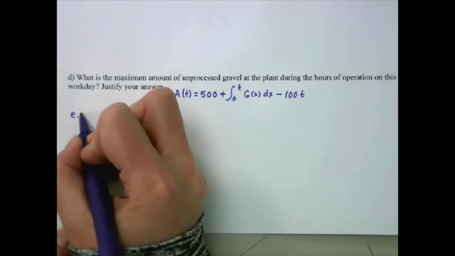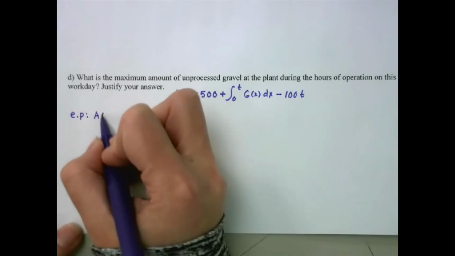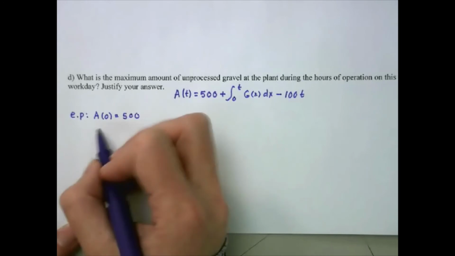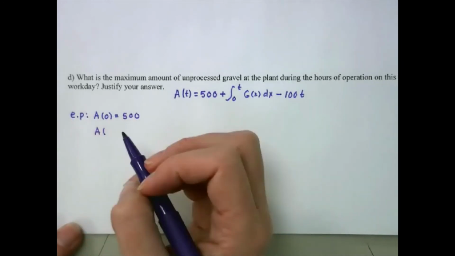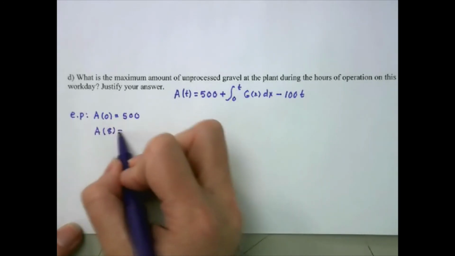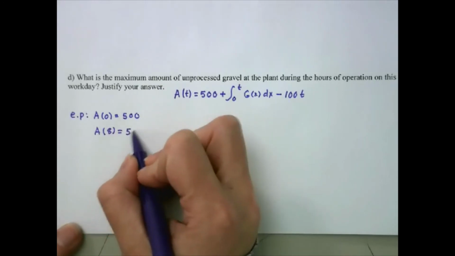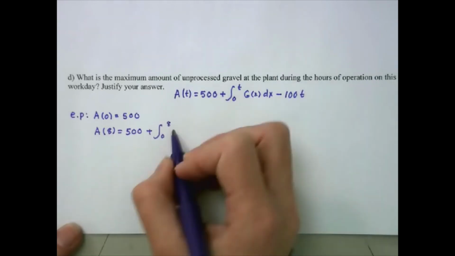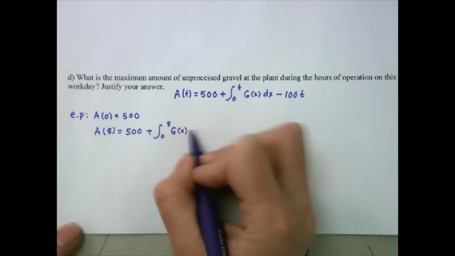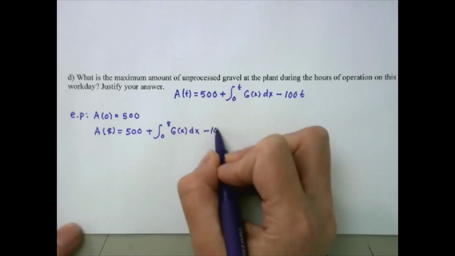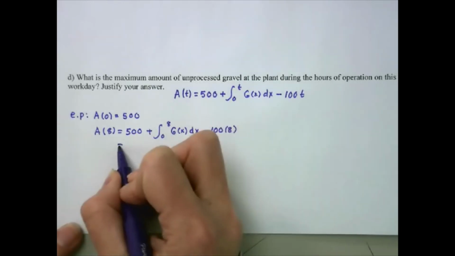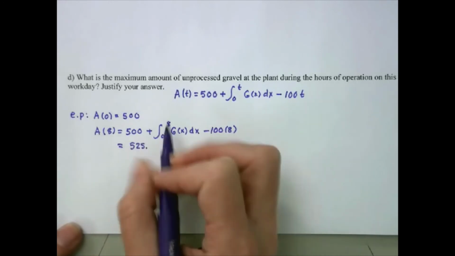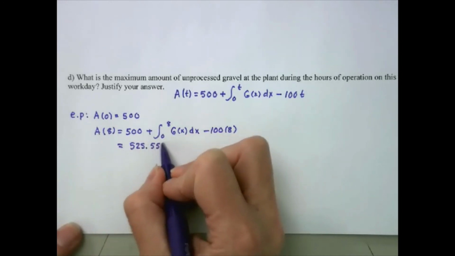So first we're going to evaluate at the endpoints, which is going to be at 0, which is just going to be that 500, and our hours of operation are from 0 to 8, so my other endpoint is 8. Okay, so this gives me 525.551.